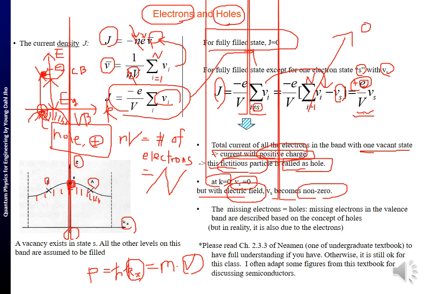So even though it is supposed to be 0, it is usually externally assigned a certain velocity value. Now we should have a J value then. So missing electrons are now named holes. Missing electrons in the valence band are described based on the concept of holes.